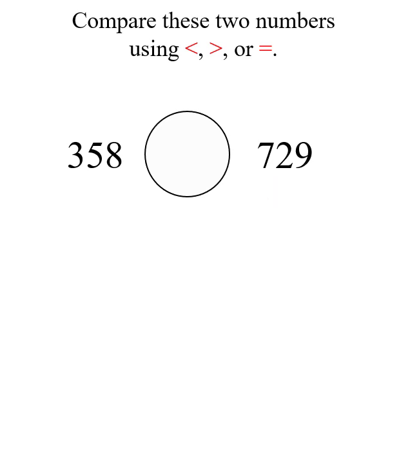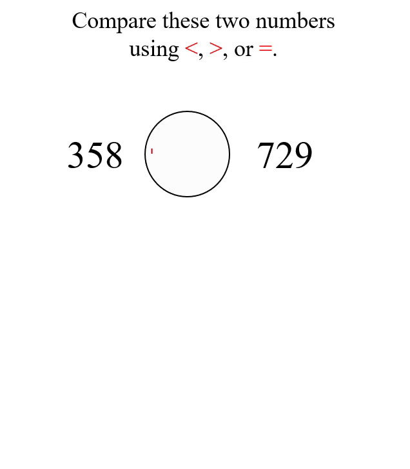So now I have to write that less than symbol in the circle. When I do that, a nice trick that we have is that we can take, give me a second here, get my color. I know that I have 358 is smaller, so I'm going to put one dot next to 358.